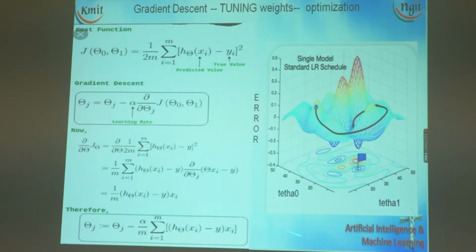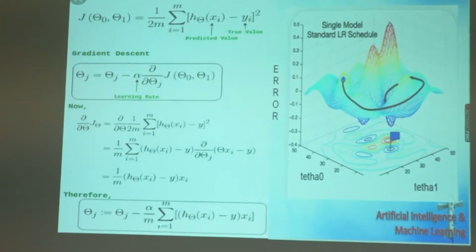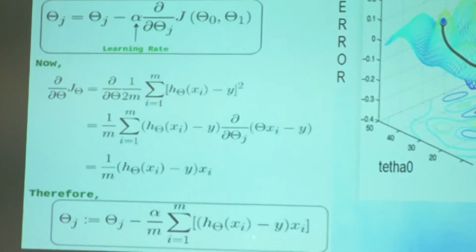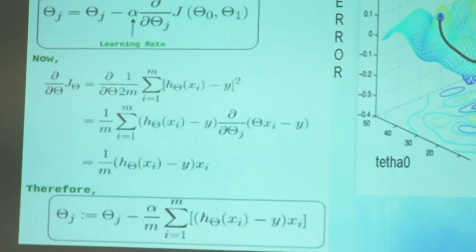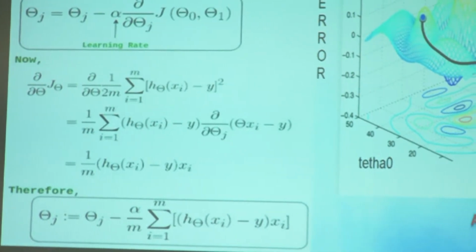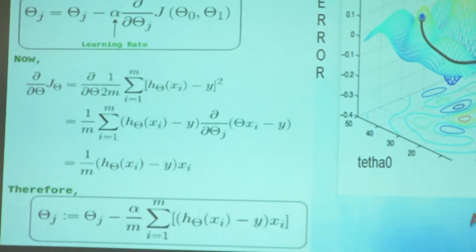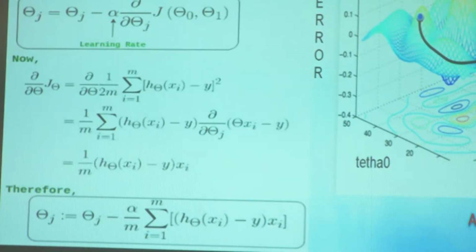How to do that? See here, the new theta value is equal to old theta value minus learning rate into your error. Old theta value minus error into learning rate is equal to new theta value, such that you get a new weight.